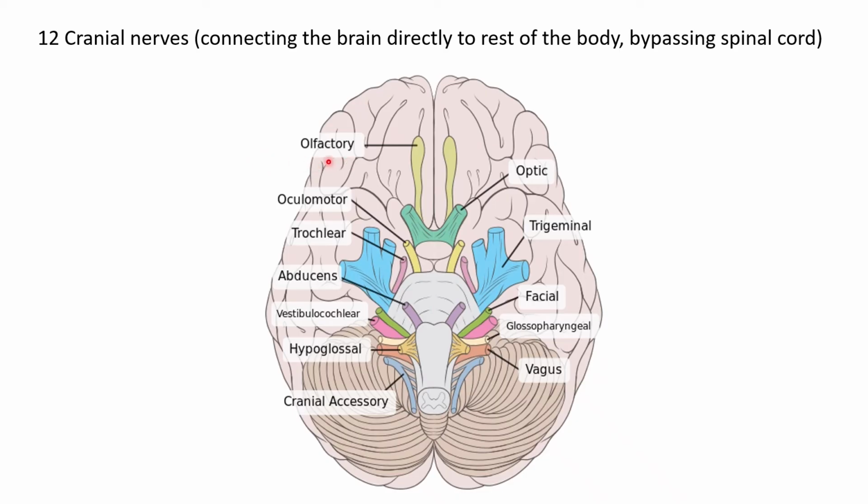For instance, the olfactory nerve gets signal from the nose and takes it directly to the brain. The optic nerve takes signal from the retina and takes it to the brain. And then there are some motor nerves, for instance, the vagus nerve. This is one of the parasympathetic nerves that is controlling the activity of the heart and the lungs and so on.